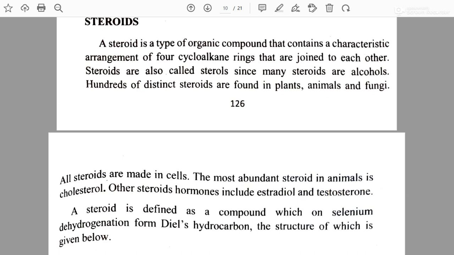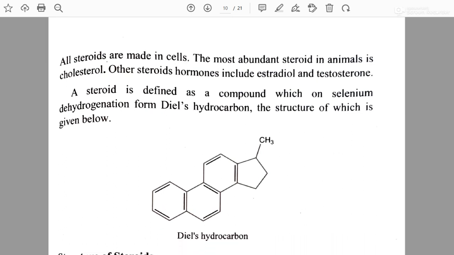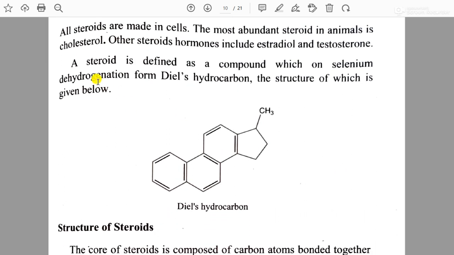Let us see a definition for a steroid. So you can see here, a steroid is defined as a compound which on selenium dehydrogenation forms Diels hydrocarbon, the structure of which is given below. So this is the structure of Diels hydrocarbon.